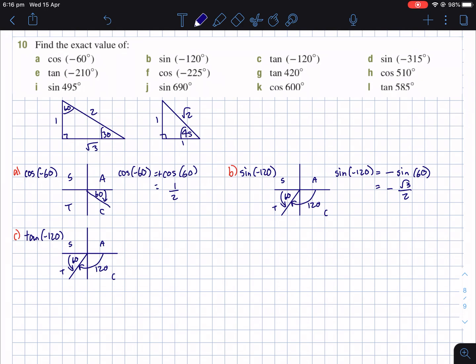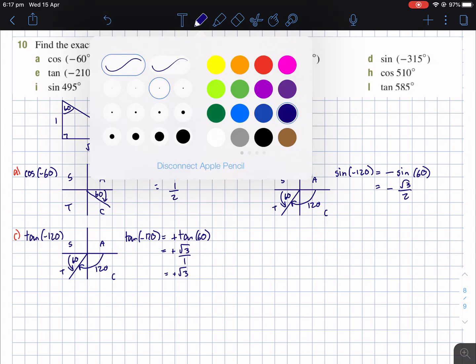But you can see that if we go tan minus 120, so we're going backwards around, technically we're going clockwise, 120 degrees. Minus 120 is the same as positive tan 60. Have a look at your 60-degree triangle, opposite over adjacent, root 3 on 1. So it's positive root 3 on 1, which is the same as positive root 3. You don't need to write that positive.